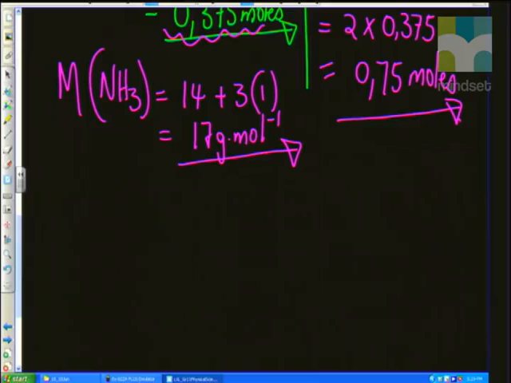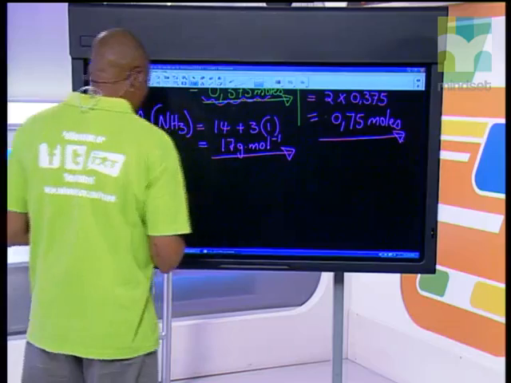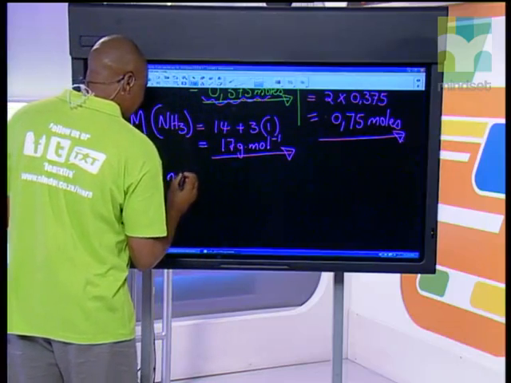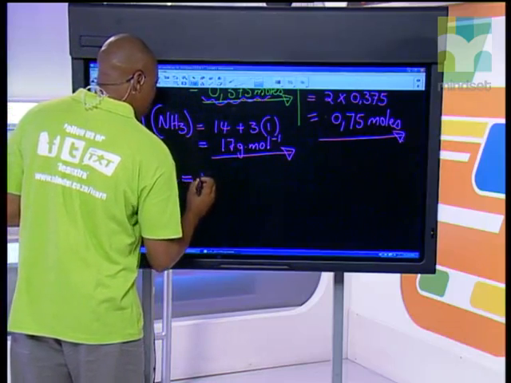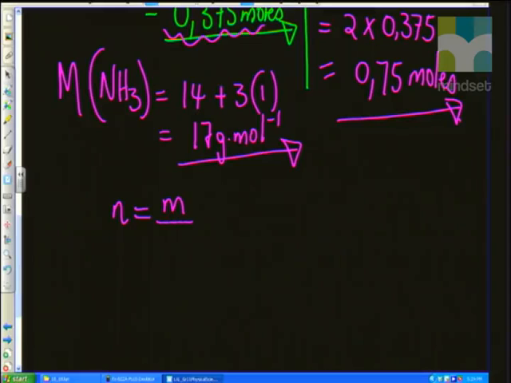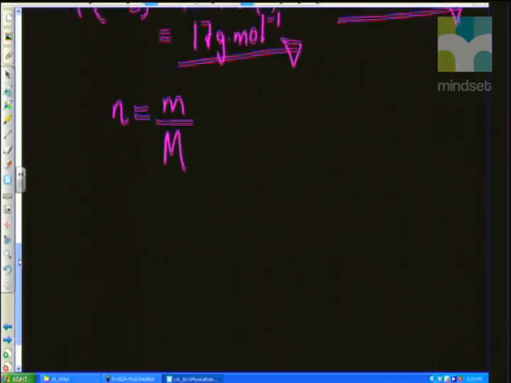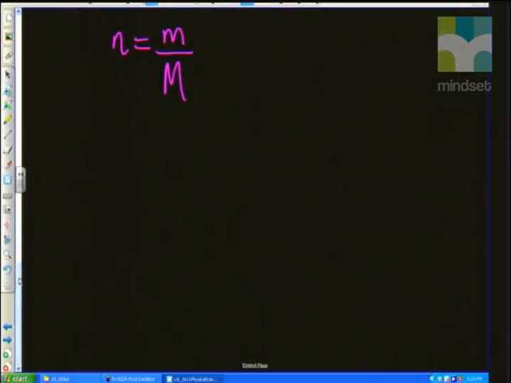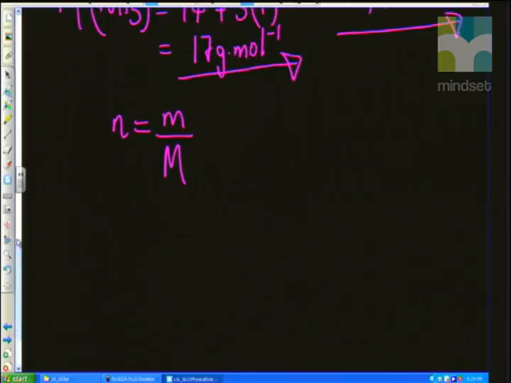I'm doing this because I have to use a formula that would want me to use the molar mass to find the mass. If you remember well, it says number of moles equals given mass over molar mass.